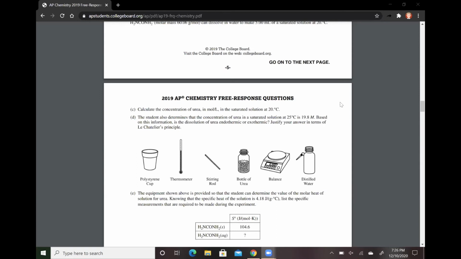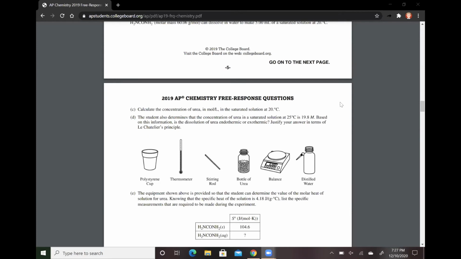And so the reason this is going to be an endothermic reaction based on that principle is that the increased solubility at the higher temperature alludes to the fact that the system is being stressed, and that stress is going to be counteracted by the further dissolution of the urea.